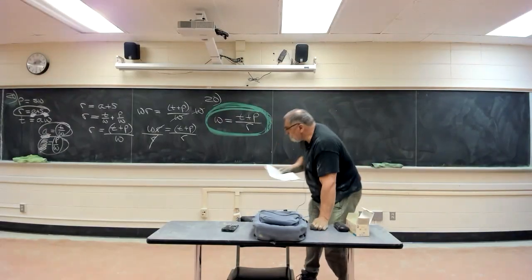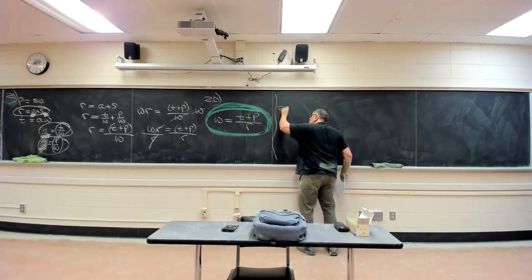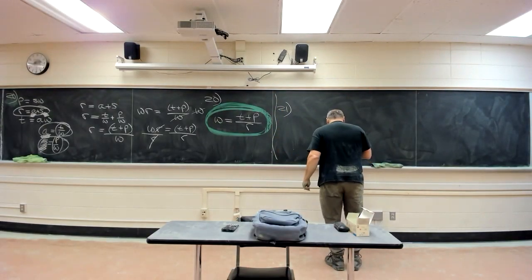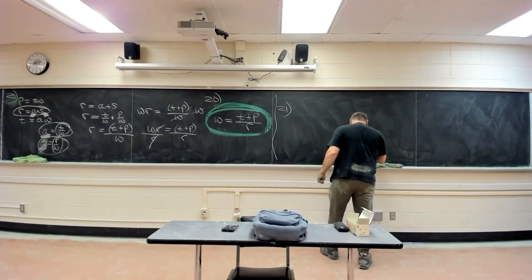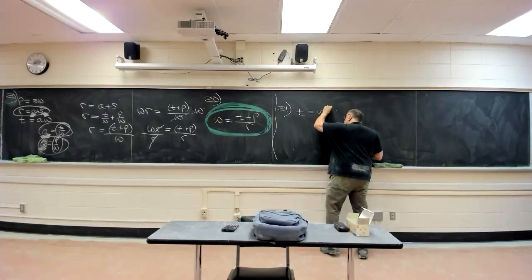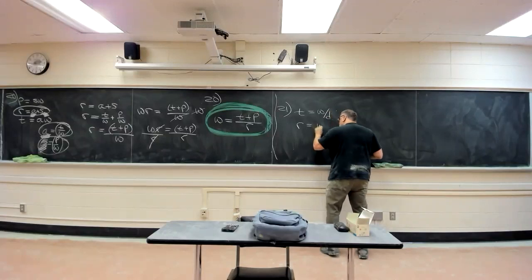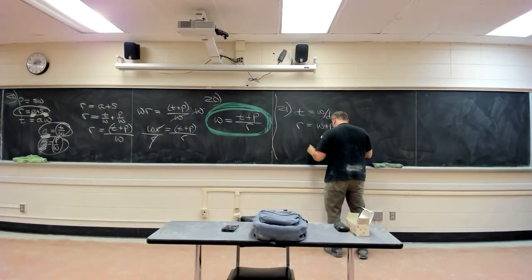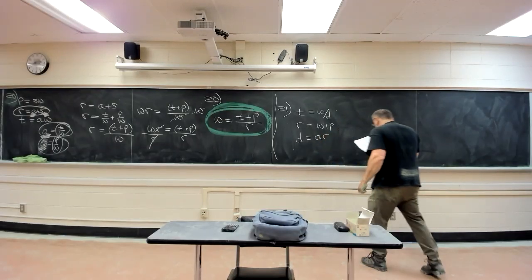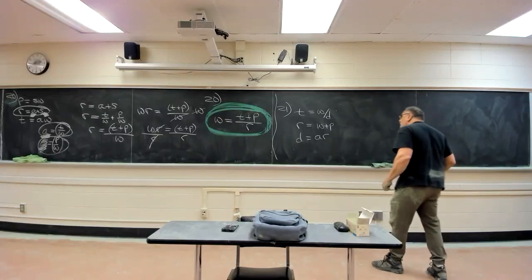For 21, eliminate W and R and solve for A.